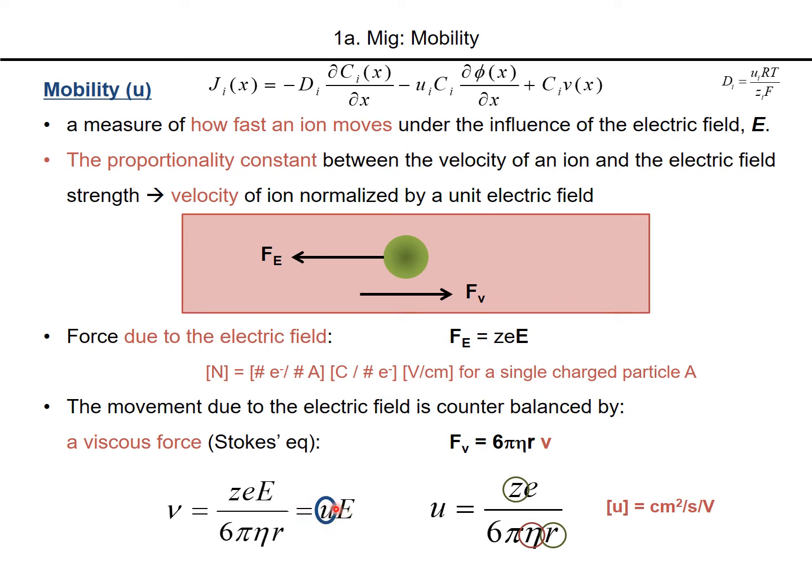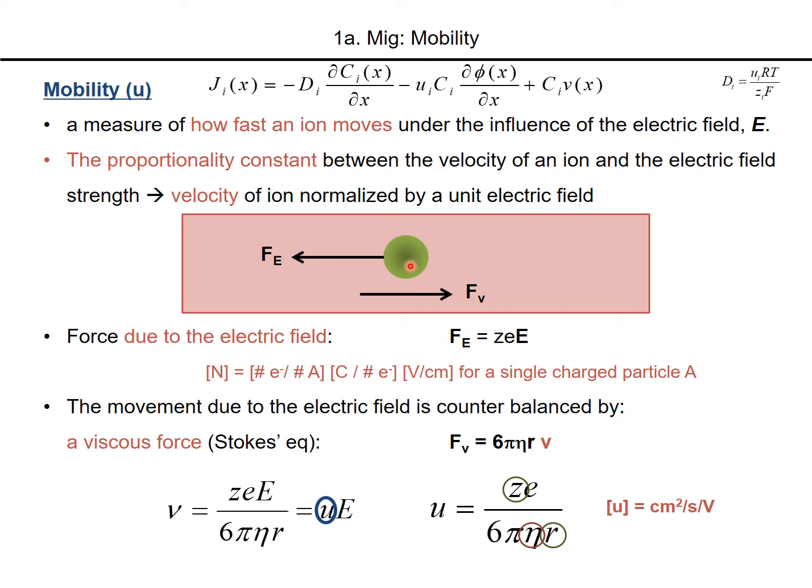That is to say, the mobility can be considered as the velocity normalized by a unit electric field. Here is the situation. We have a red ocean, which is the media, like water or some organic solvent. And here we have a charged particle or an ion. This ion is moving at a constant velocity in the steady state situation.